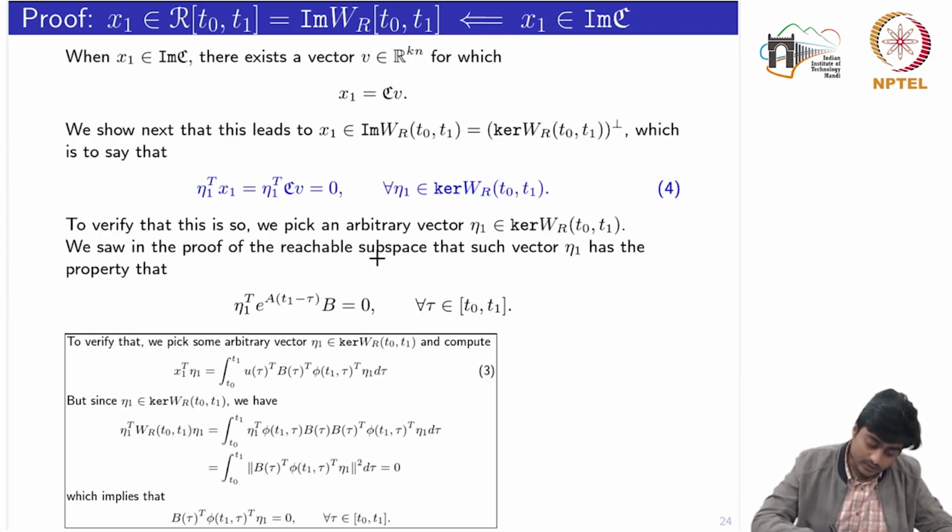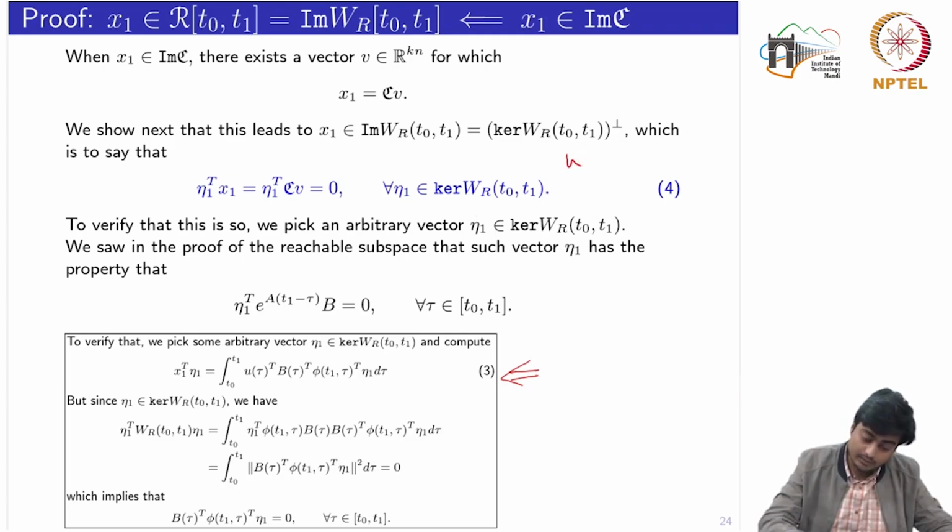In the proof of the reachable subspace we had seen, from that proof we will borrow one property. Here we won't be showing that property, this is just a snapshot which I had taken from the other proof, where we started with x1 transpose into eta 1, and then we wrote one quadratic form, and then we showed that this quadratic form is nothing but equal to 0, because eta 1 belongs to the kernel of this WR, right?